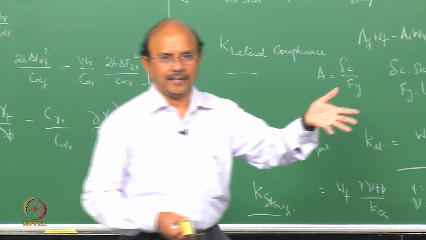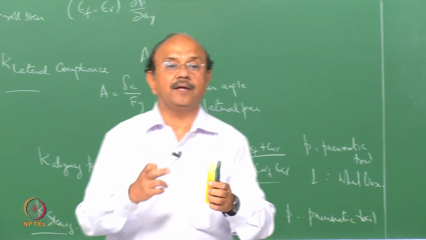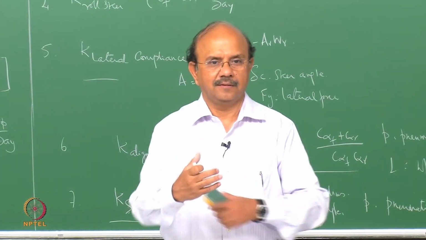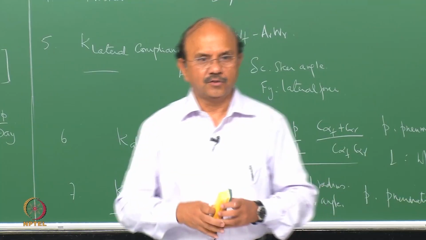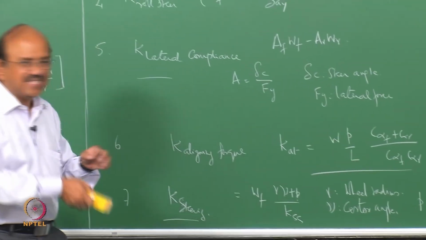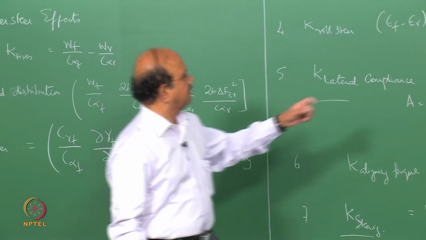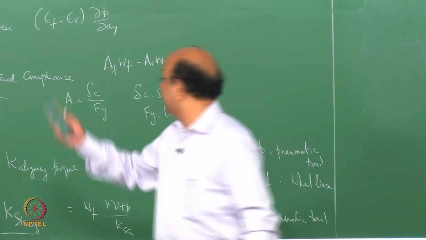So why is there a difference between front and rear? Because the yaw center is different. The way the front and the rear are going to yaw is different. So if I use the same positive notation, you would find that there is a positive to the front and a negative to the rear.